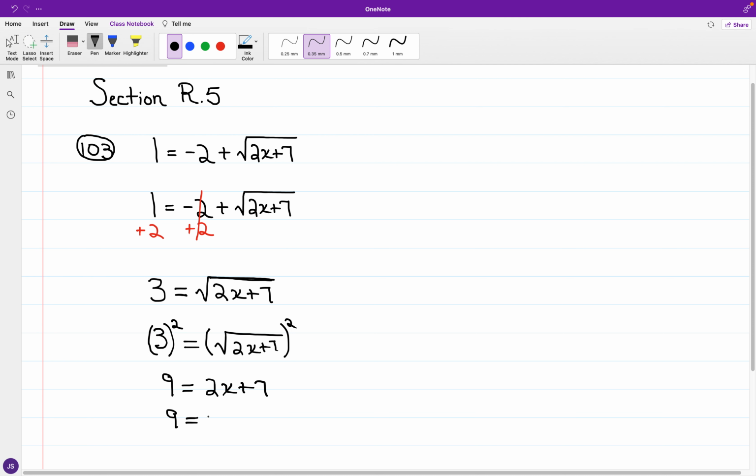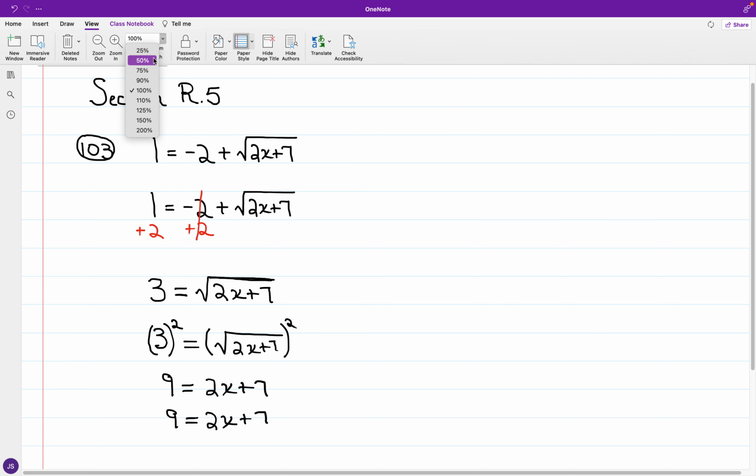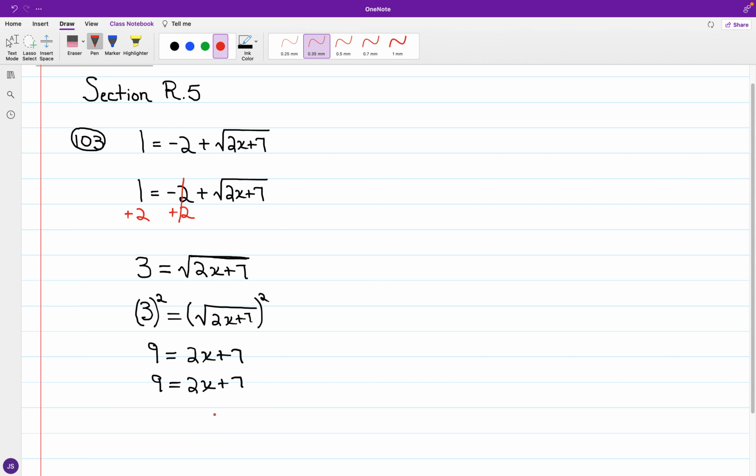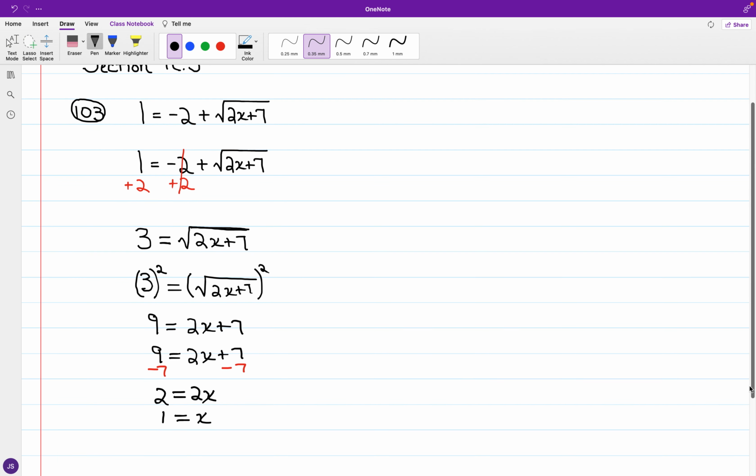We can isolate the x term by deducting 7 from both sides of the equation. So 9 minus 7 is 2, and we have that 2 is equal to 2x. With division by 2, we have an apparent solution with x at 1.